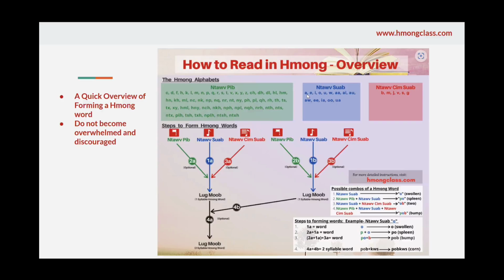So let's say if I was to add a vowel pitch modifier of B to the A, E, I, O, U, W vowels, A becomes A, E becomes E, O becomes O, U becomes U. Okay, so that is the main principle behind it.